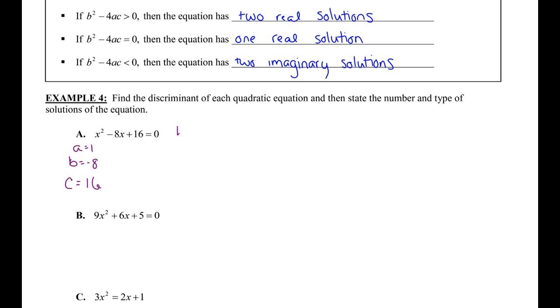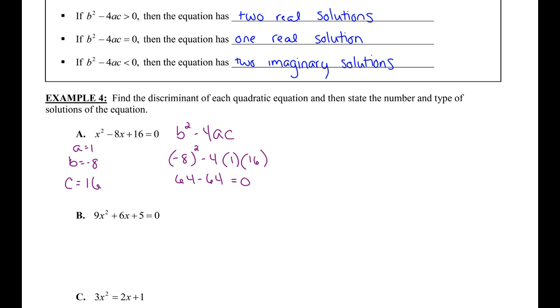And we want to remember that we're just looking at b squared minus 4ac. So I'm going to plug negative 8 in for b, 1 in for a, and 16 in for c. This simplifies to 64 minus 64, which simplifies to 0.